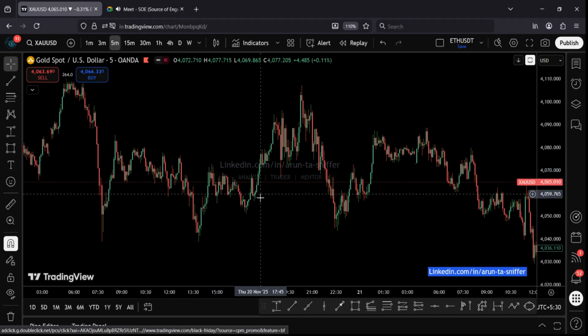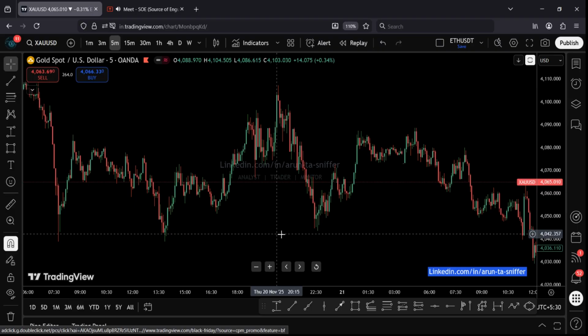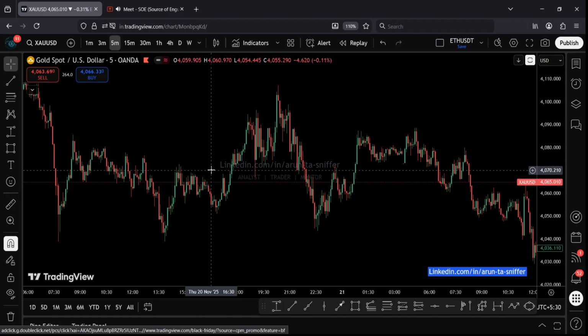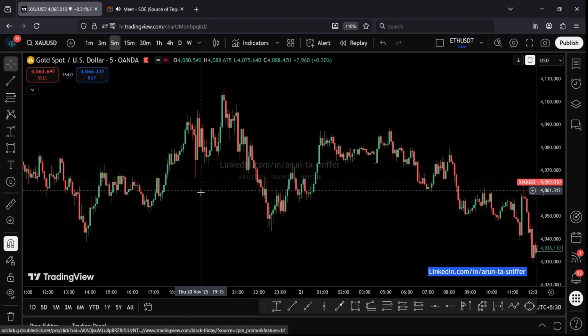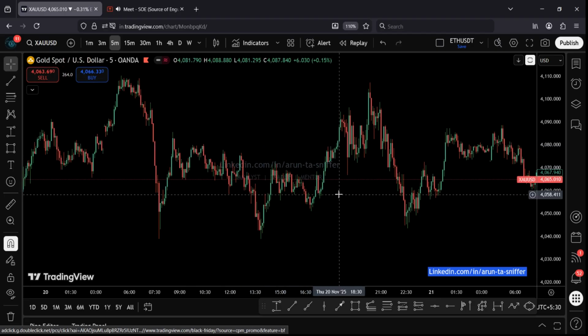Look here, TP was here. This is an example, but this is not a clear example, so we are not taking this, otherwise you will get confused. So I'm searching for a clearer example.